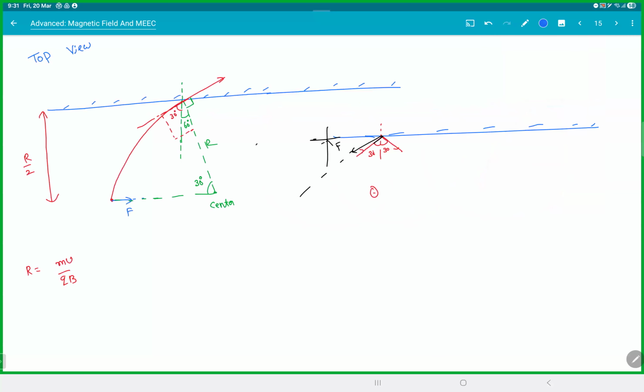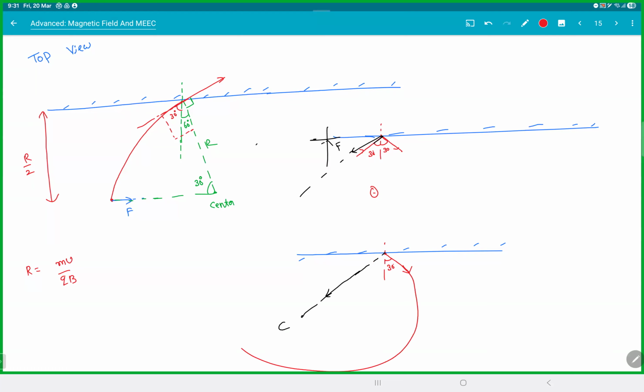The next thing, you need to get the angle. How to get the angle? Put a little geometry there. This is 30 degrees. You're going this way. Drop a perpendicular to this. This will be the force. So that will be the center.